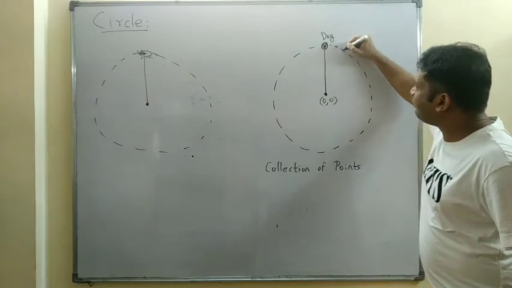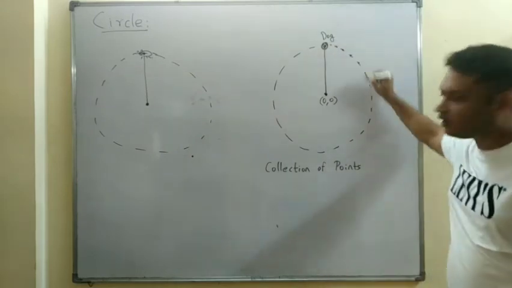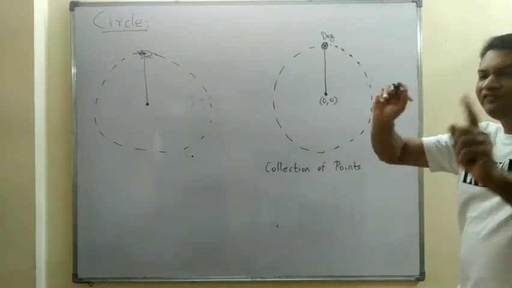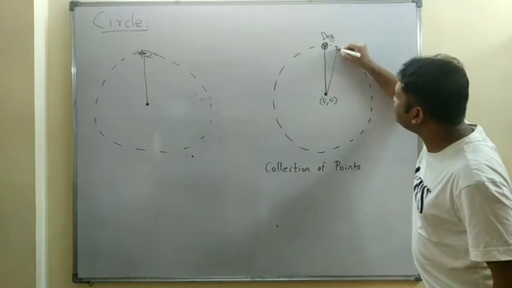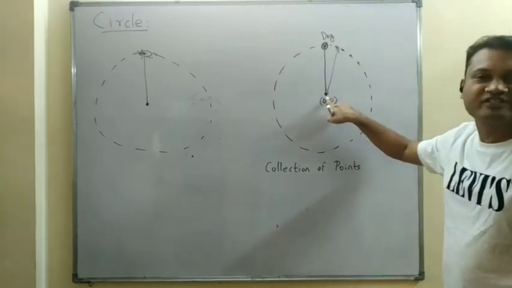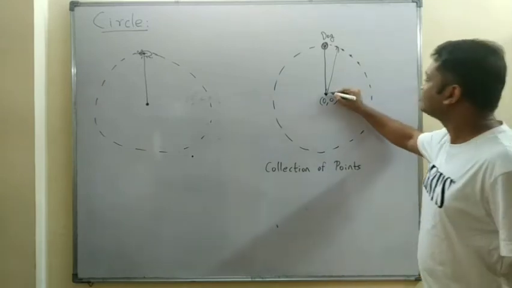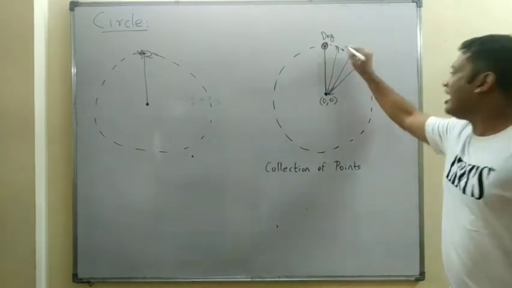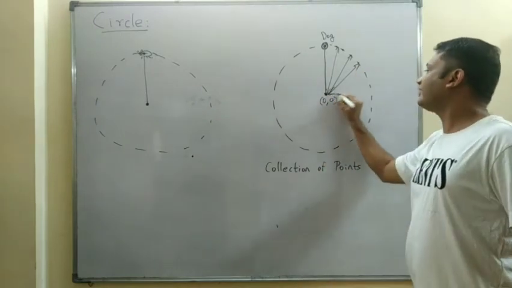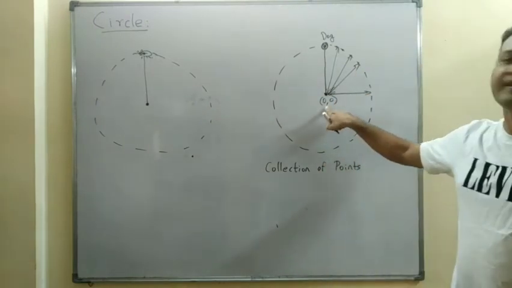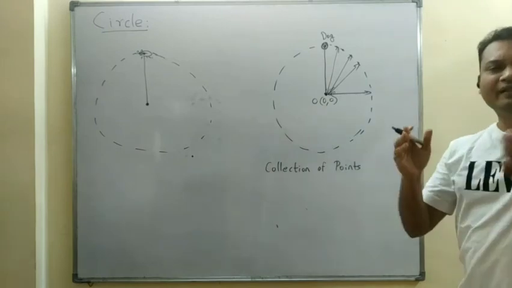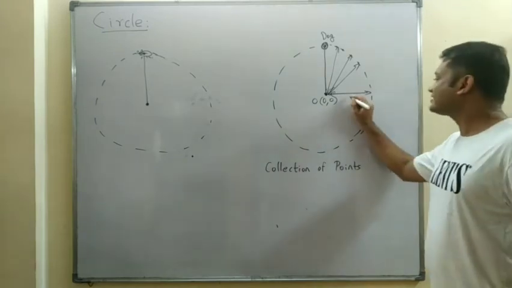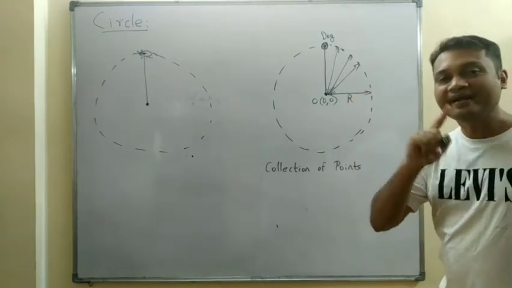This is point 1, point 2, point 3, point 4, n number of points which are at a constant fixed distance from this point, which is the origin in this case. The distance of every point on this curve is fixed from this origin O. Let us call that fixed distance R, which is the radius of the circle.